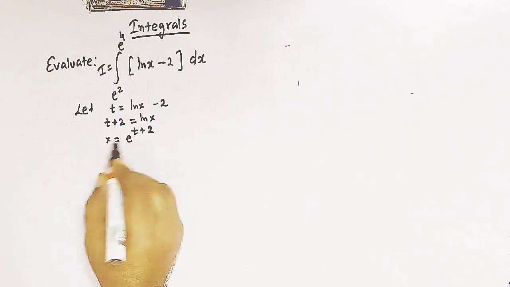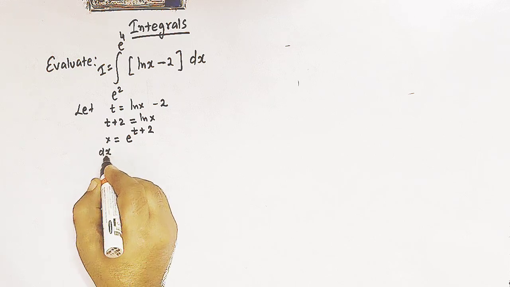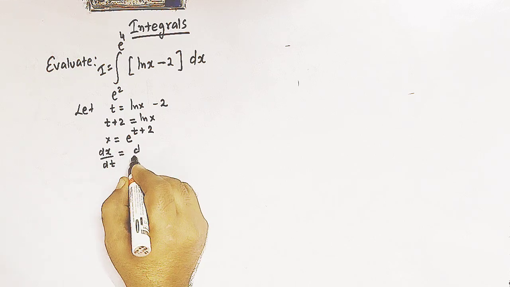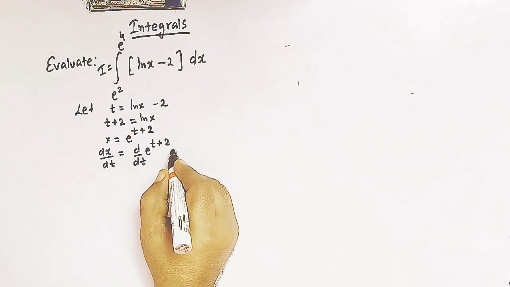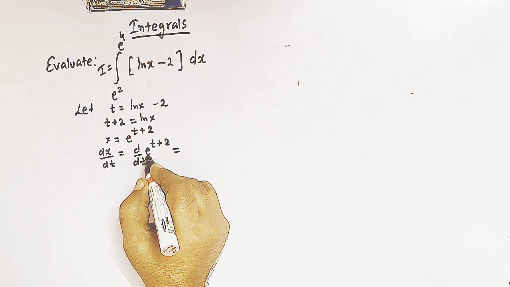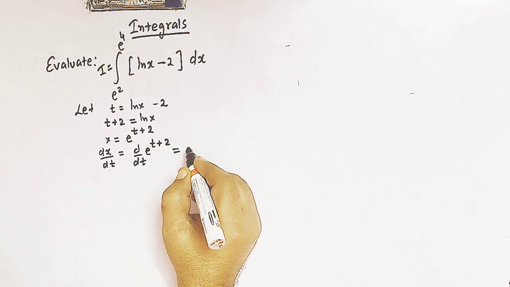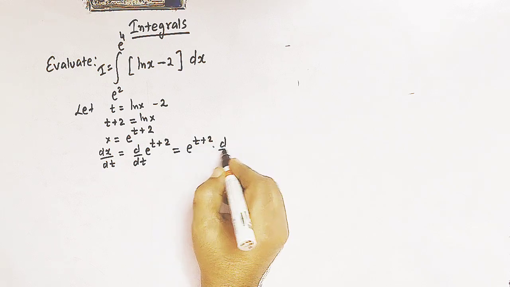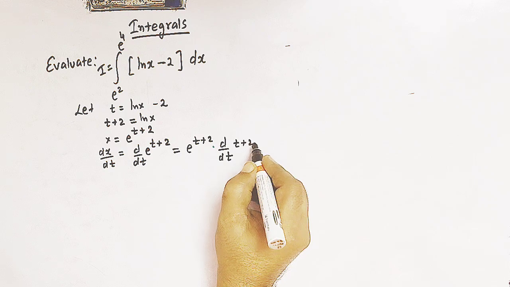Now differentiating both sides with respect to t, we get dx over dt is equal to d by dt of e raised to t plus 2. The derivative of the exponential function is the exponential function itself, and then by chain rule we have to find the derivative of t plus 2, right?